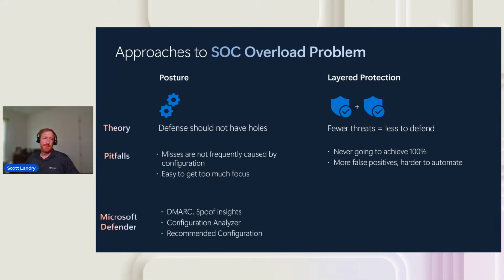The other thing that we see, and the data definitely shows this, more layers of protection just means more false positives. False positives themselves are harder to automate, to mitigate, right? Because if you have a false positive, you kind of want somebody to look at it to make sure that it's okay to release it.